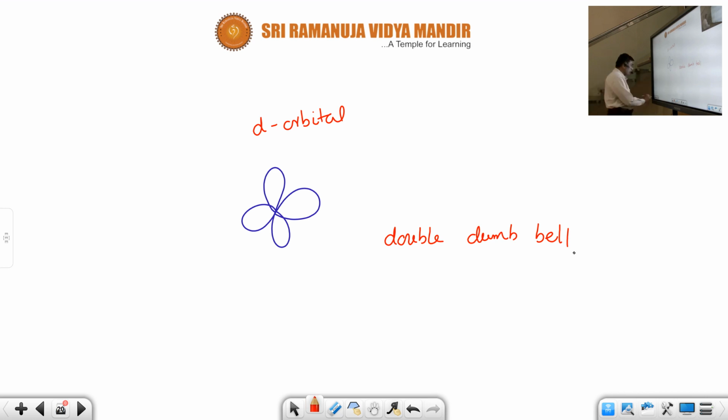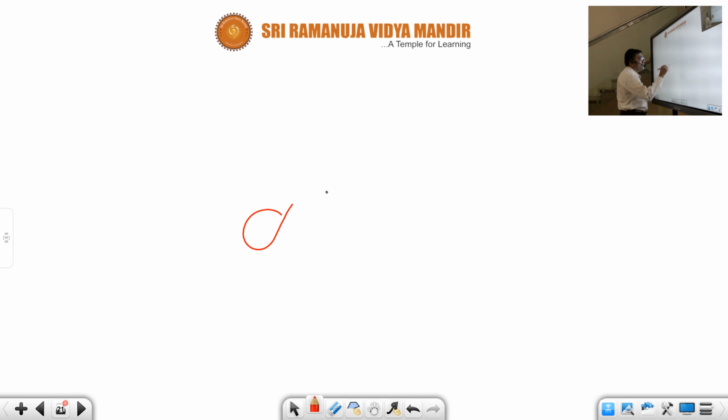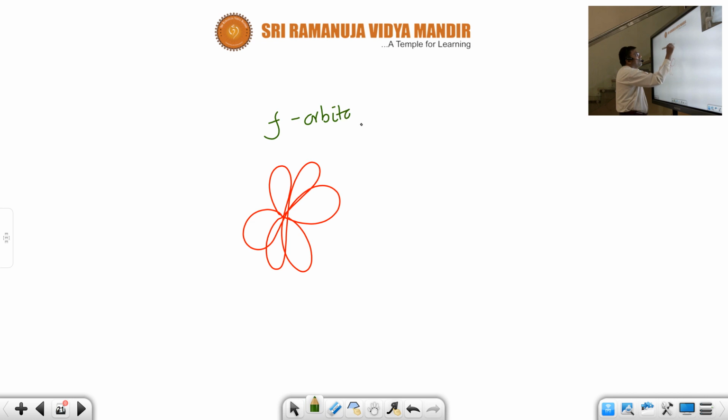Similarly, you have another type of orbital called the f orbital, which has a diffused shape. Now I have explained four types of orbitals. The s orbital has a spherical shape, the p orbital a dumbbell shape, the d orbital a double dumbbell, and lastly the f orbital has a diffused shape.